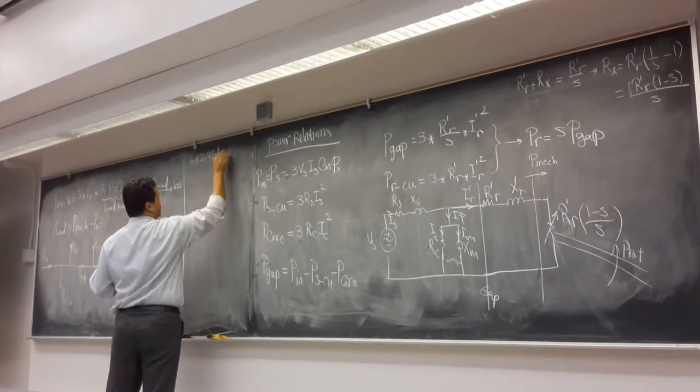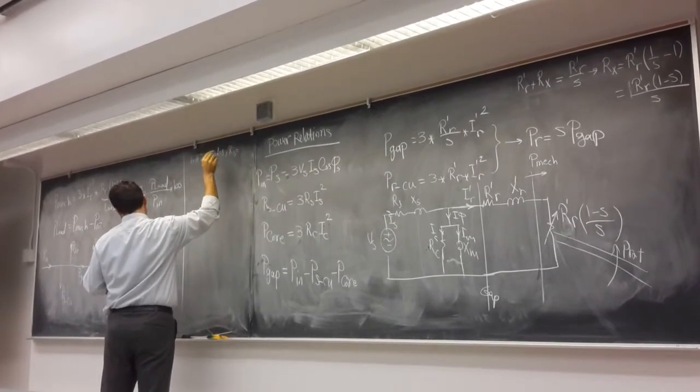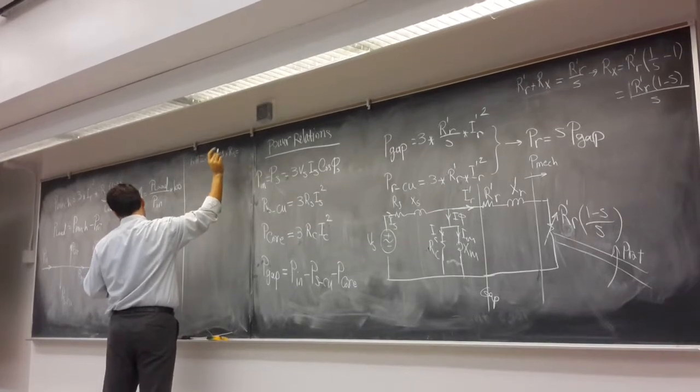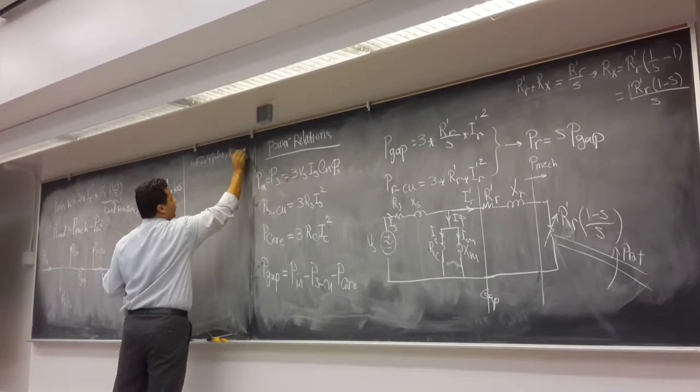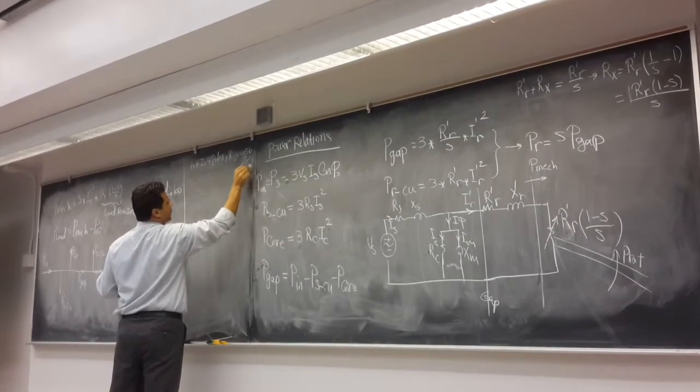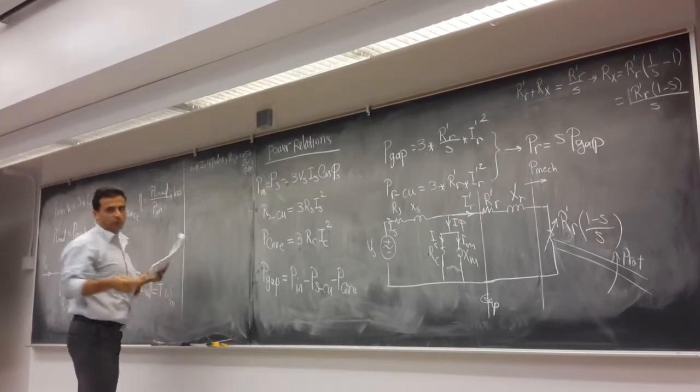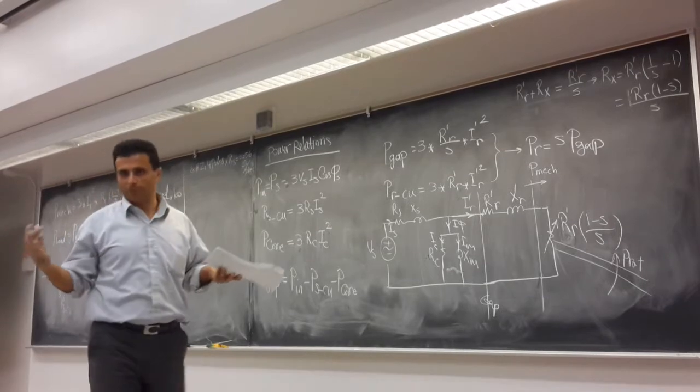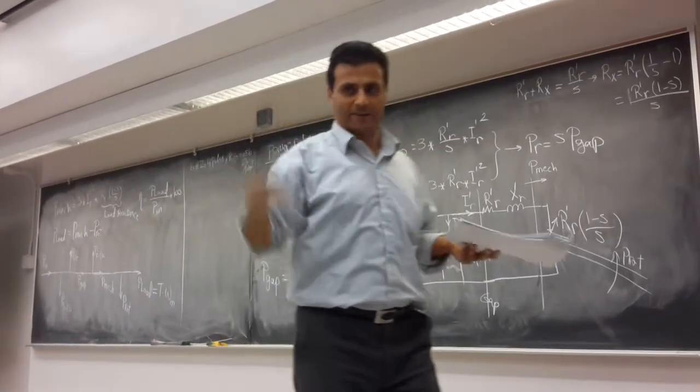And the stator winding, RS, per phase. Everything is per phase: 0.056 ohm per phase. Sometimes they don't write the per phase, but it still means per phase. Ohm per phase means each phase has this much resistance.